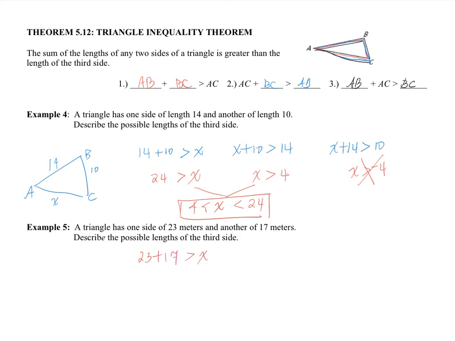And then I can have 17 plus x greater than 23, or x plus 23 greater than 17, but this one doesn't make sense, so we ignore it. And we get 40 greater than x and x greater than 6. And to combine these two inequalities, we get x is between 6 and 40.